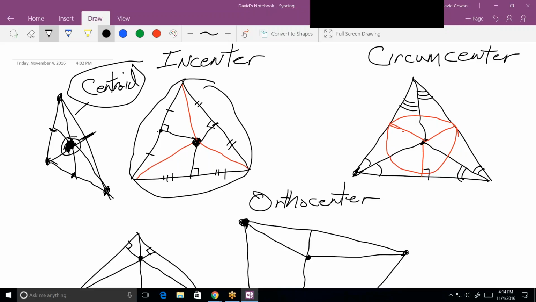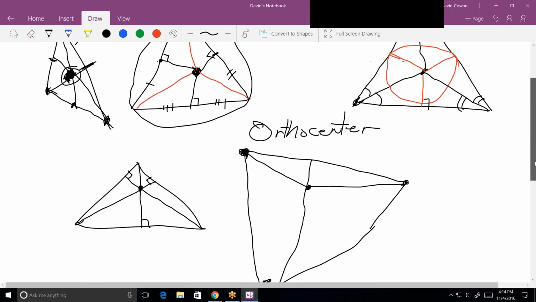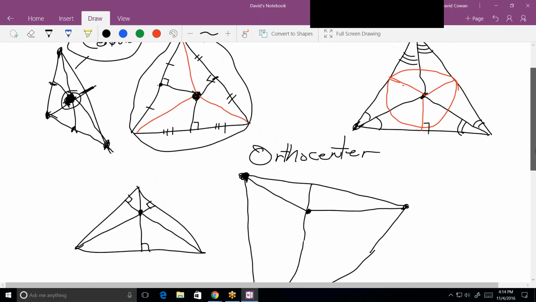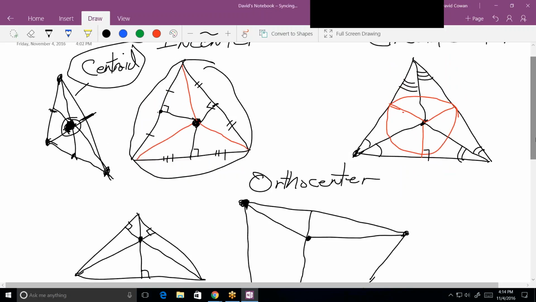The most important property of the incenter is that the center you come up with is equidistant from the sides of the triangle, allowing you to draw a circle inside the triangle. Notice that these three lines are all going to be radiuses, and if they're equidistant, then we're going to have a perfect circle in there. There's a few other properties to the centroid.